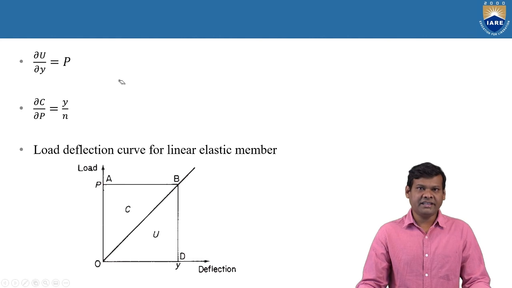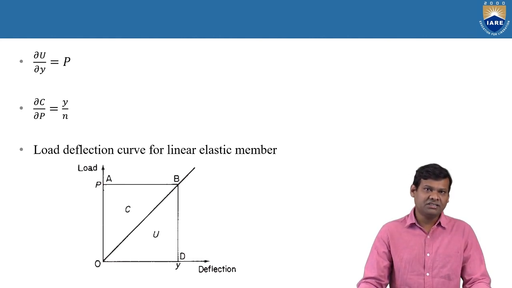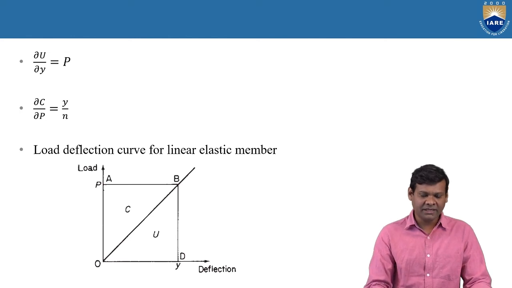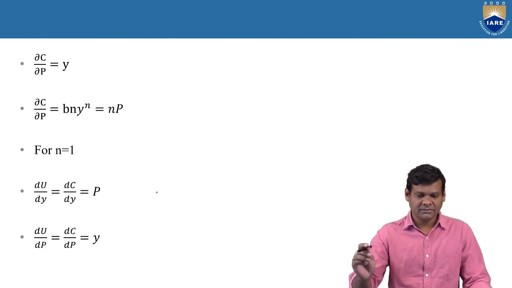And for the case of a linear elastic member, where the load versus deflection curve is linear, we can represent it as follows. The triangular area of OBD gives the strain energy, and the triangular area of OBA gives the complementary energy.